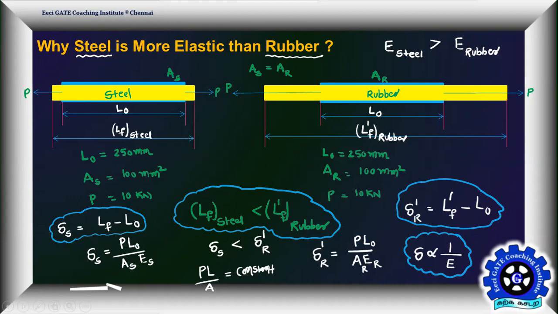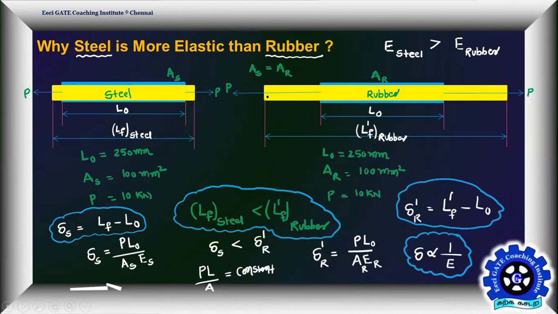That means delta steel is lesser. That means Young's modulus of the steel will be higher. Higher the Young's modulus, higher will be the elasticity. That is why steel is more elastic than rubber. One more explanation: lesser the deformation, more chance of coming back to original position.